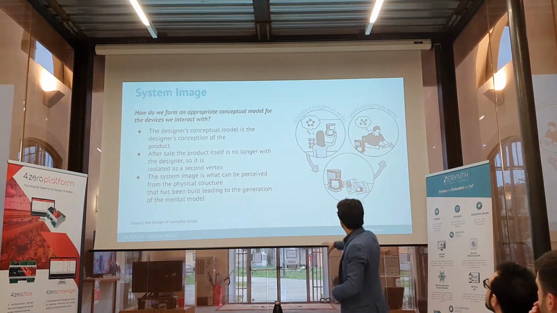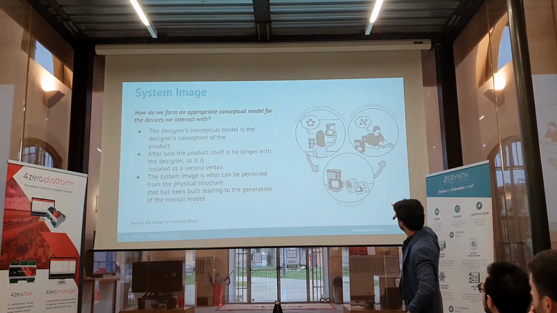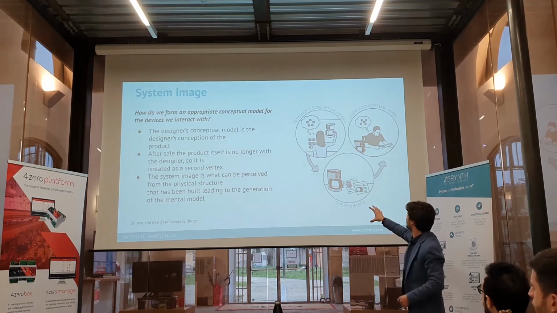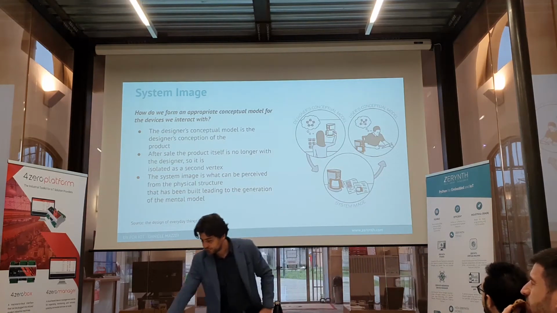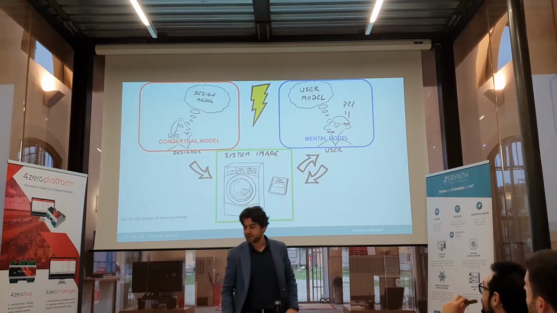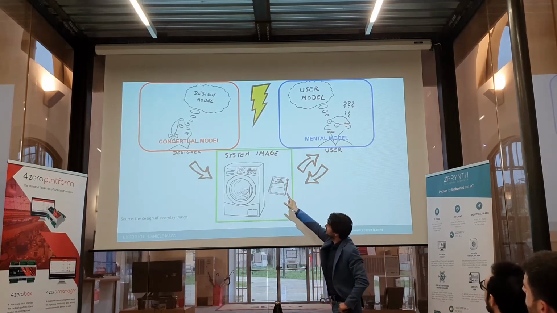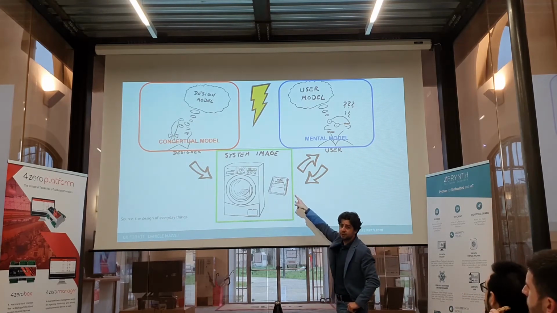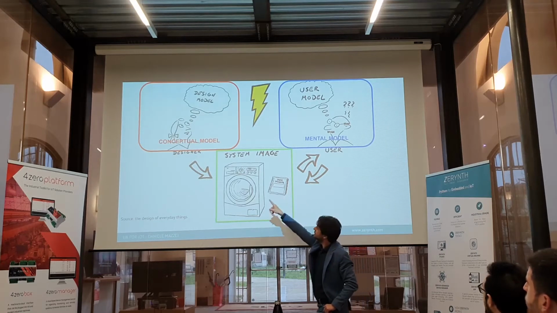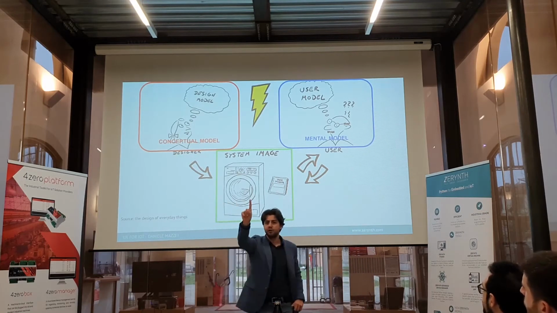And Norman places this element at the vertex of a triangle that I prefer to represent in this way, because what is important in this picture are the arrows. Here you have only one chance.